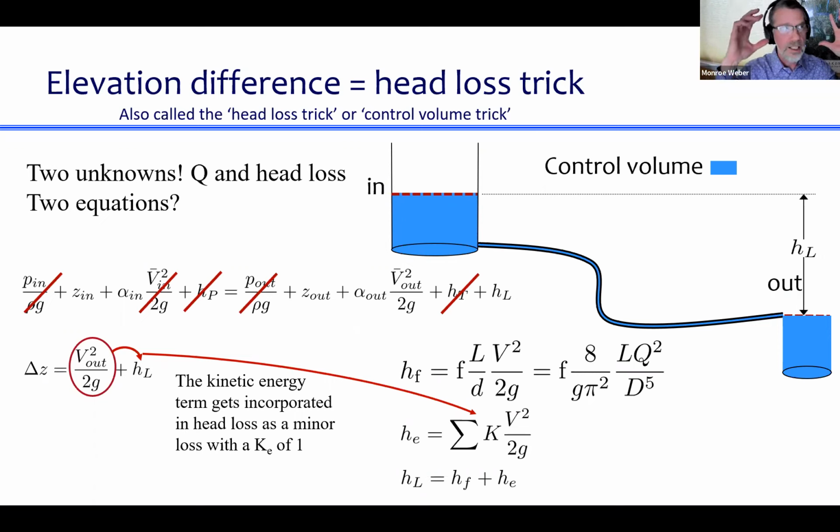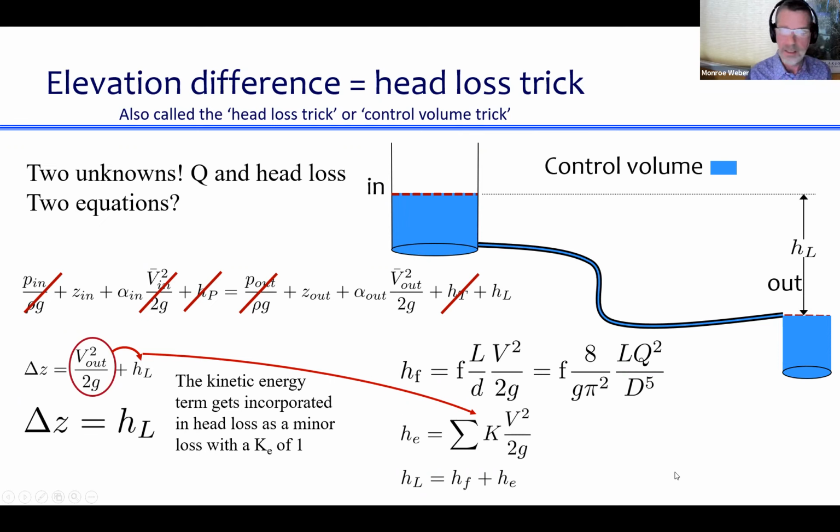So the change in energy as the water is exiting the pipe and falling into this big lake or tank, that energy loss is inside my control volume. And so I need to add that K to my minor loss coefficient. That means my minor loss coefficient increases by 1, because I have that K from losing all that kinetic energy as the water exits the pipe.